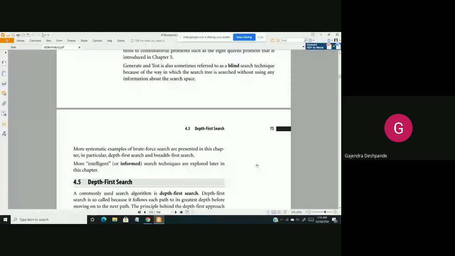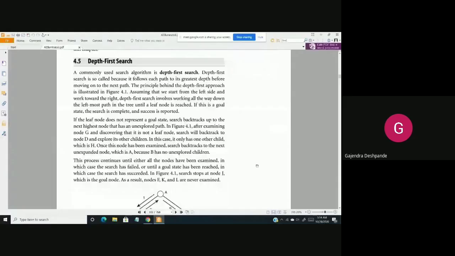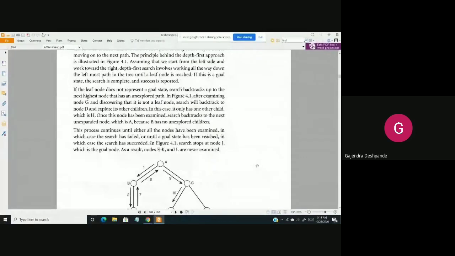We are going to study a few search techniques now, and we can discuss which one is intelligent, which one is not, and how you can make them intelligent search techniques. The first technique is depth first search. You have already studied depth first search in your algorithm subject, but we'll see how it works here. We'll just quickly recap depth first search.